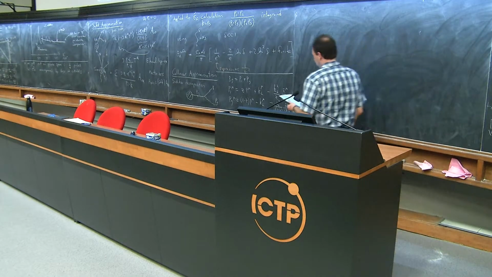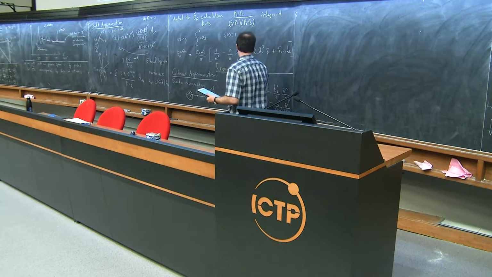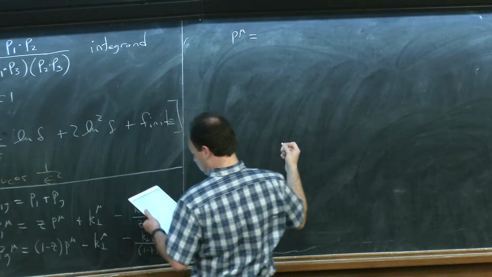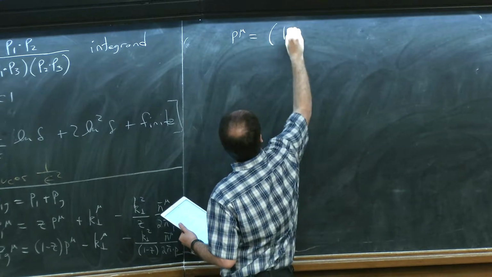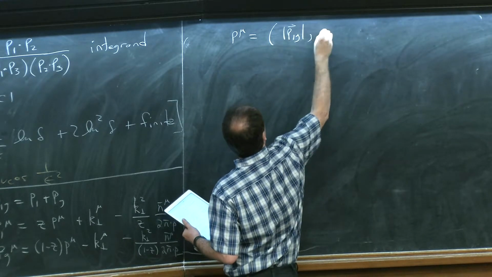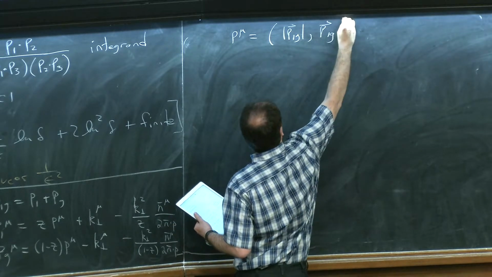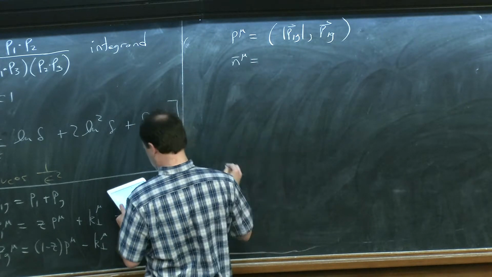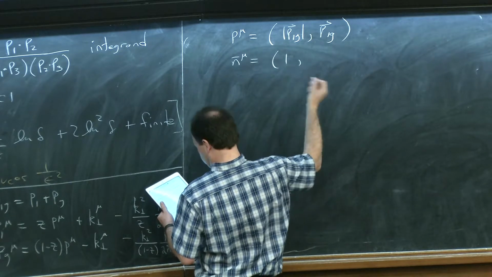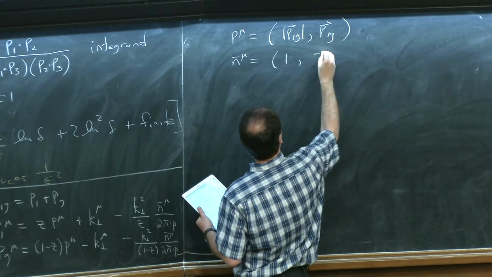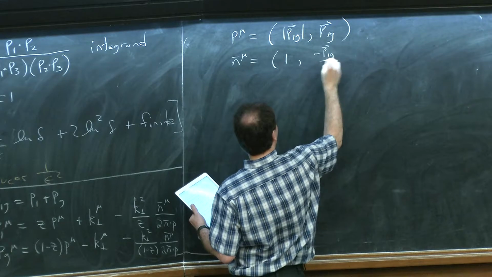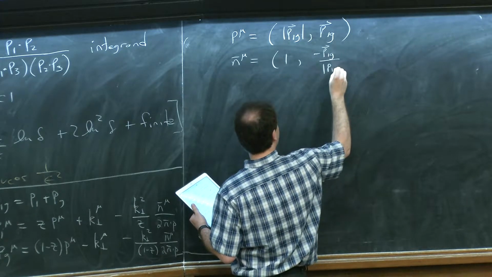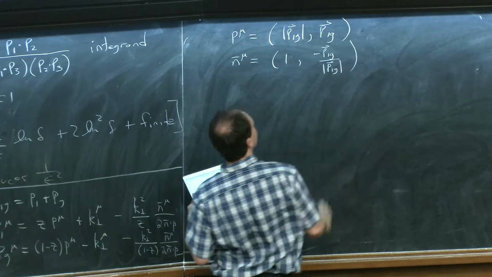What I've done is project onto this P mu, which is a light-like vector defined in terms of the parent momentum. Then N bar is just another light-like vector, which I define because I need something orthogonal to this one. Light-like vectors are not orthogonal. They square to 0, so you need some other vector that can dot into them to get something non-zero.